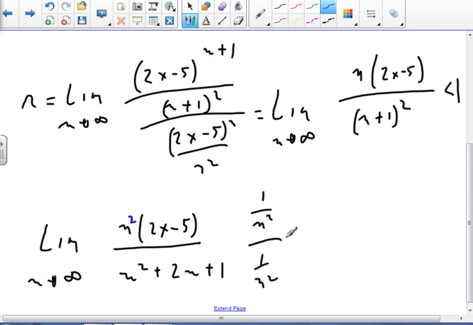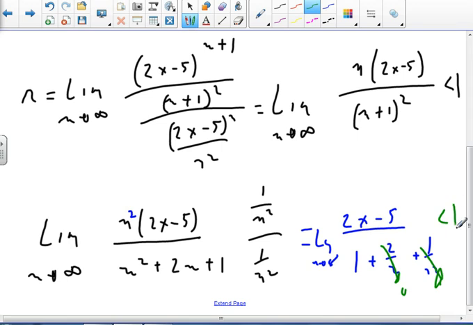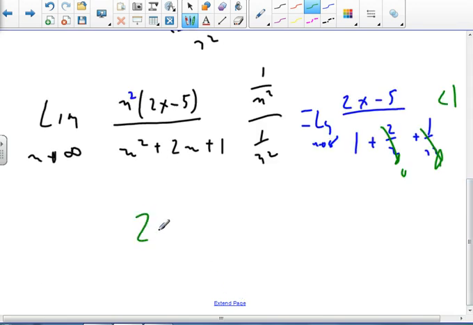And because that's n squared, this becomes (2x minus 5) over 1 plus 2 over n plus 1 over n squared, limit as n goes to infinity. This becomes 0, that becomes 0, this has to be less than 1. So 2x minus 5 has to be less than 1, implying that x has to be less than 3.